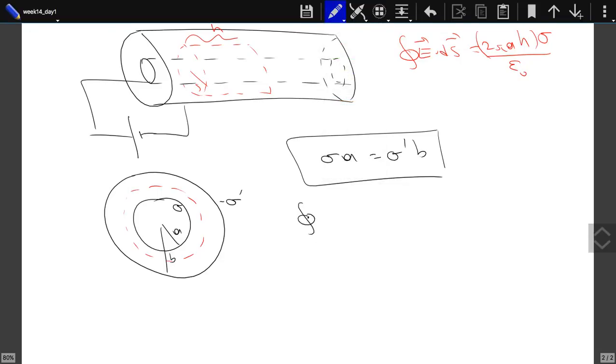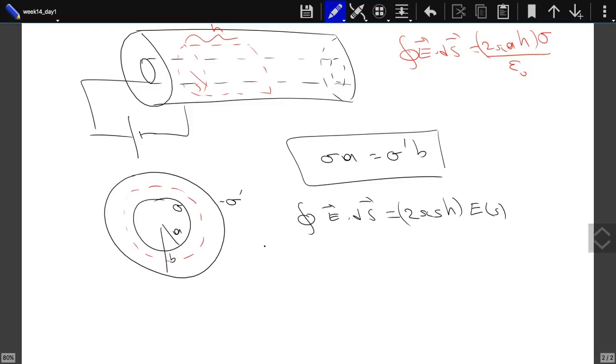On the other hand, for the same surface, E dot dS, well, there won't be any contribution from the top and the bottom of the cylinder. There will be only contribution from the sides, and the contribution will be 2 pi S times H, the total area, times the magnitude of the electric field at the distance S, because we already know that the electric field should be radially out, away from the axis of the cylinder.